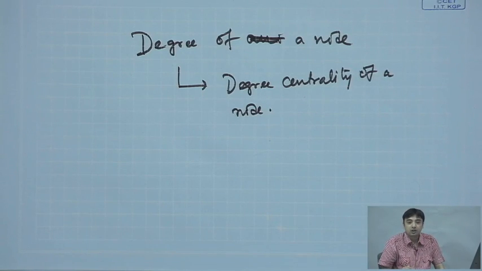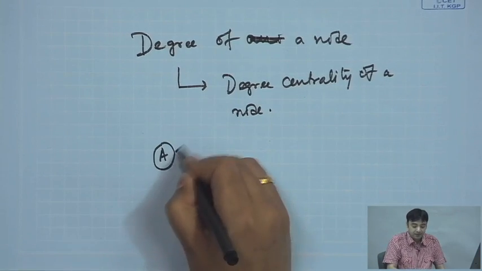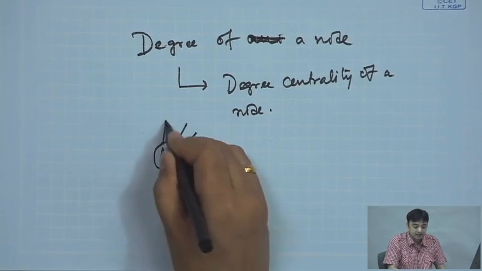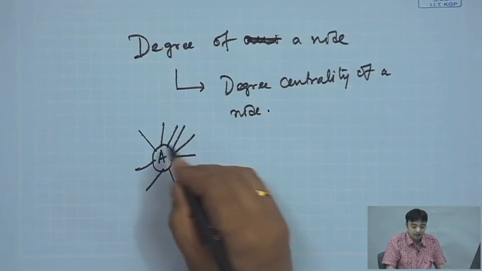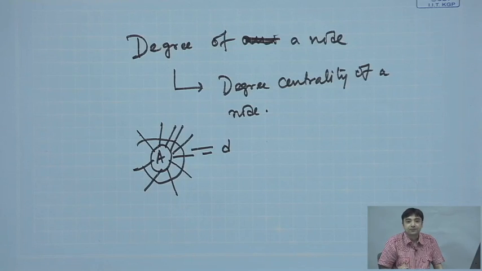And the definition is very simple. Suppose there is a node, say A, and it has a degree equal to d.